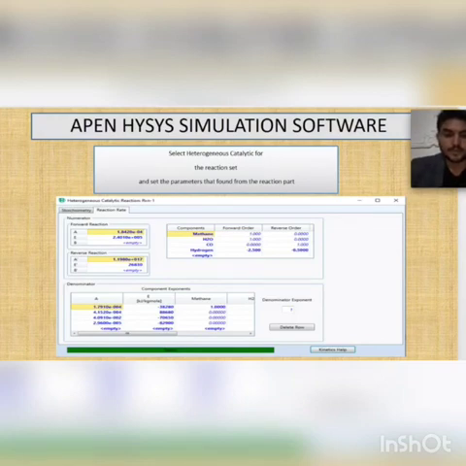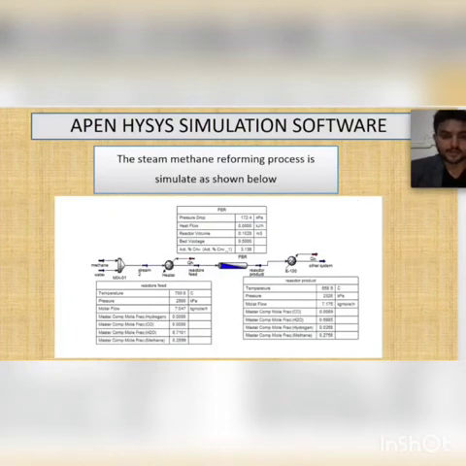Then we add it to the fluid package, and then we get the results. So we have here the PFR and the mixer, and then we add all the inlet and outlet streams, pressure and temperature, and the flow rate, and then we got the reactor product.